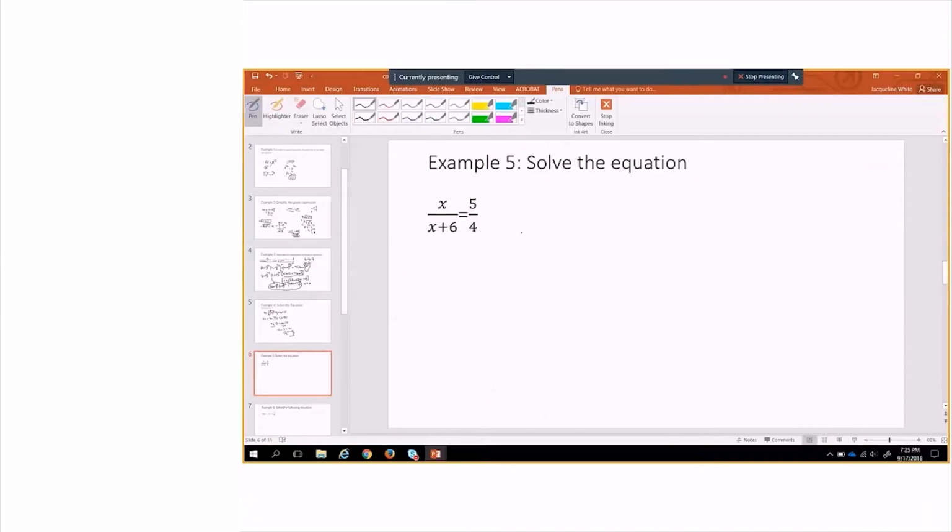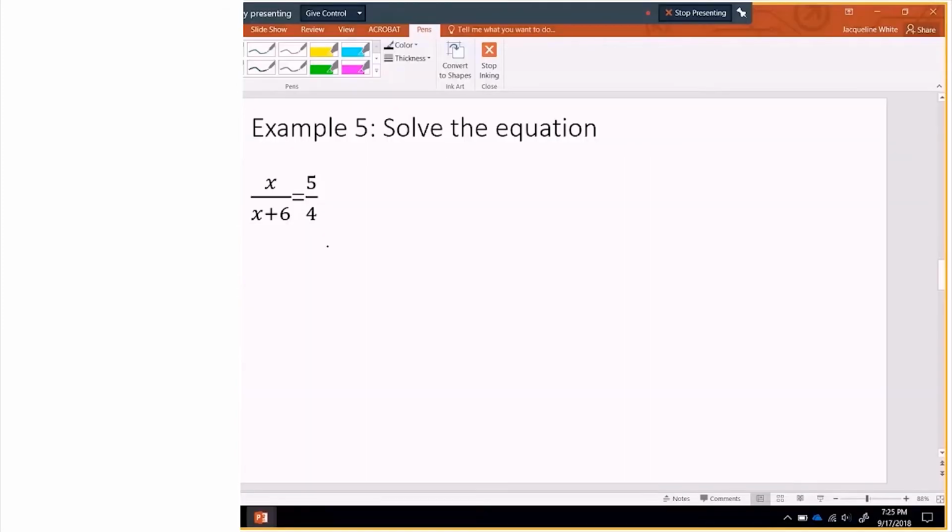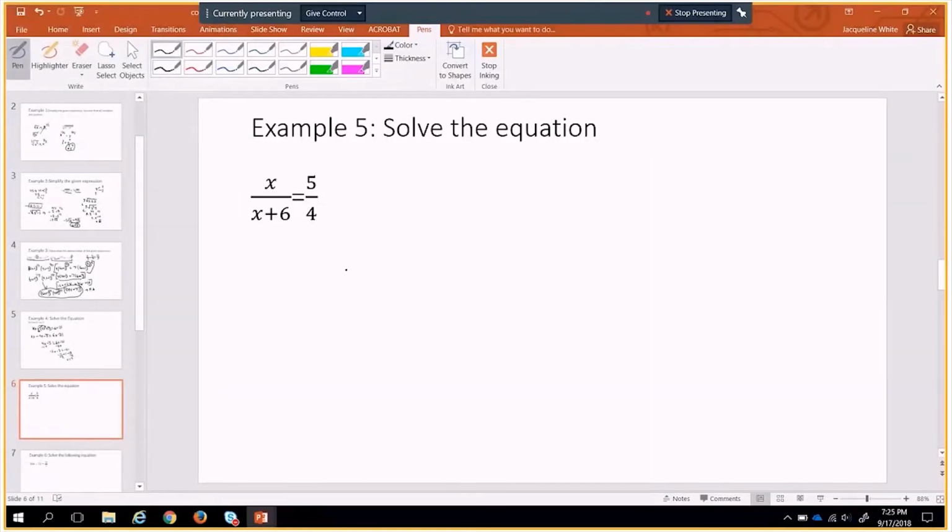well, if you see something like this, your first step should be to cross multiply. All right, so if we cross multiply that x with that 4 and that x plus 6 with that 5, that looks kind of clunky, but I'm pretty sure you guys get it.